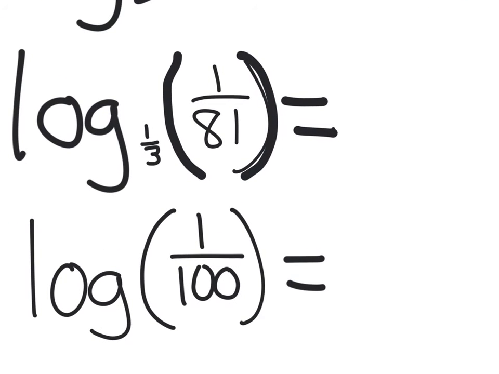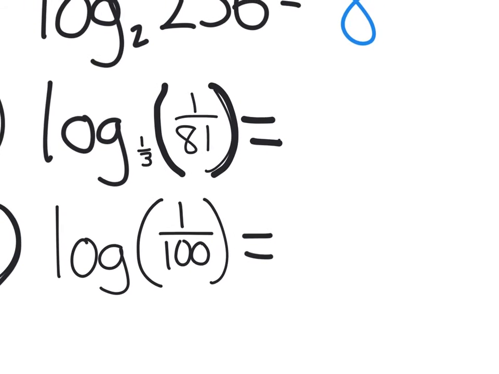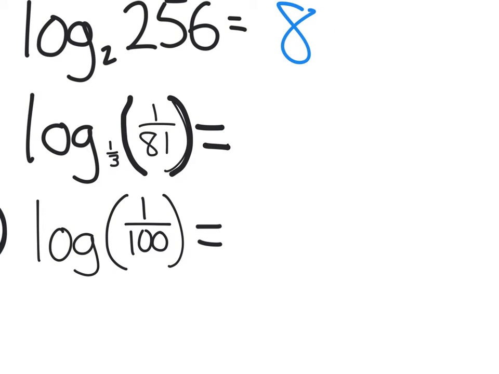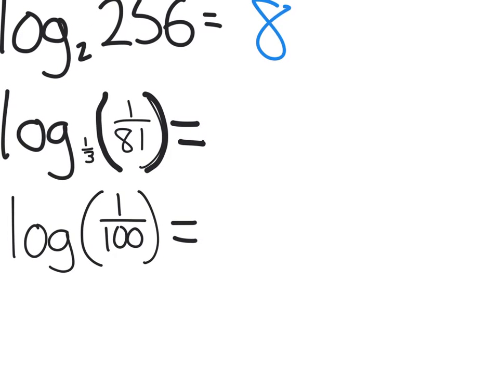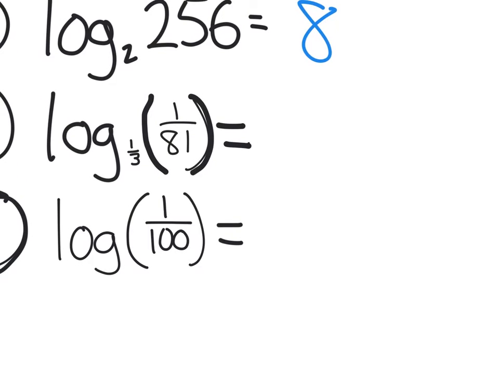How about that one? Log base 1/3 of 1 over 81. Anybody know the answer to that one? It is 4. The nice, beautiful number 4, no fraction. Now, if you're confused, let's write it in exponential form. The base will be the base, so you put 1/3 as the base.